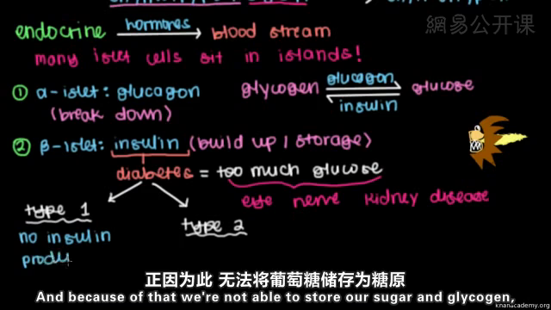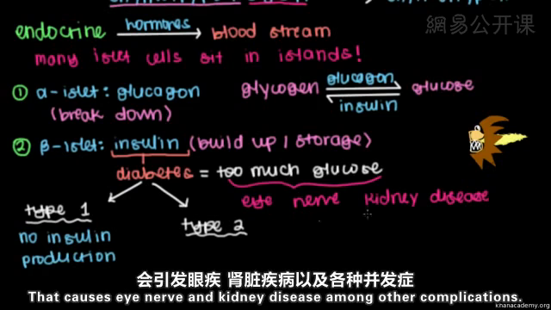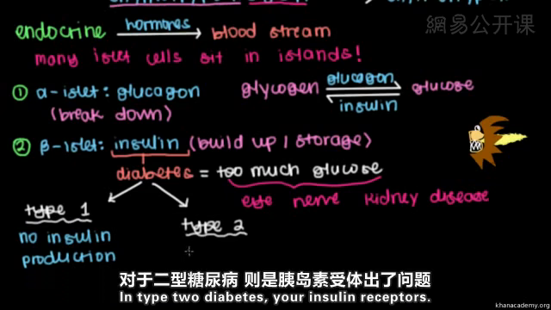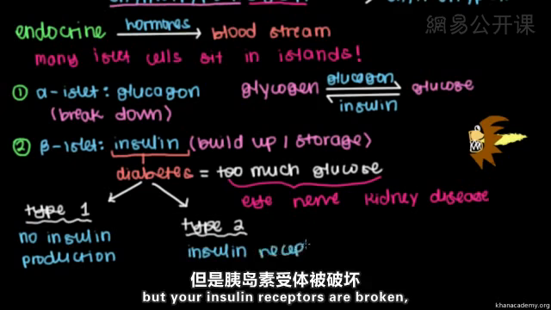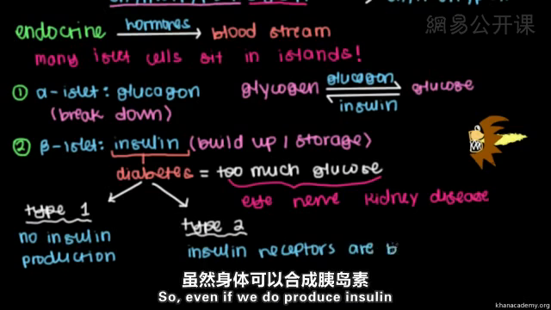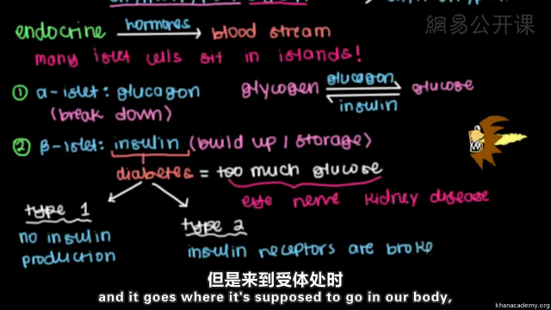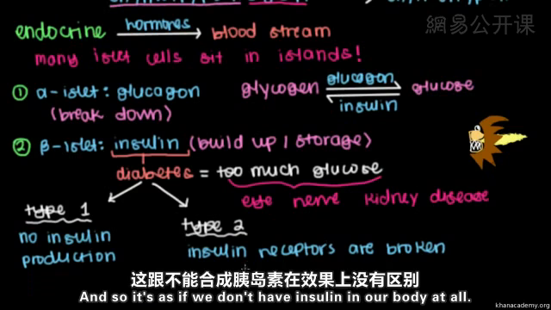And because of that, we're not able to store our sugar in glycogen. We're not able to put it away. And so we have it all over the place, which causes eye, nerve, and kidney disease, among other complications. In type 2 diabetes, you have insulin being produced, but your insulin receptors are broken. So even if we do produce insulin and it goes to where it's supposed to go in our body, these receptors will not respond. And so it's as if we don't have insulin in our body at all.